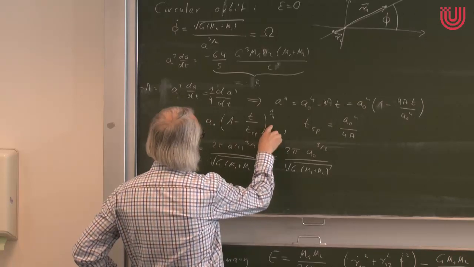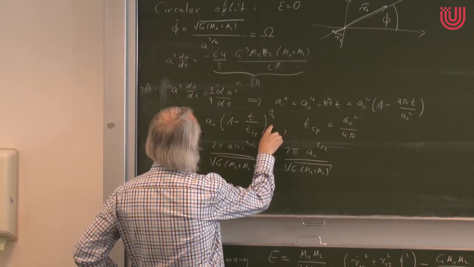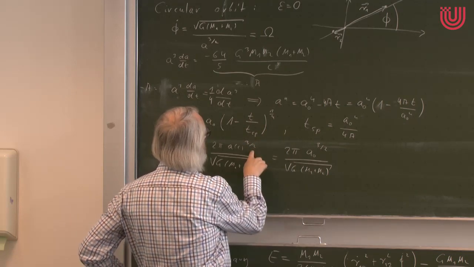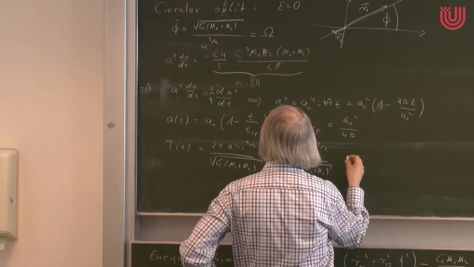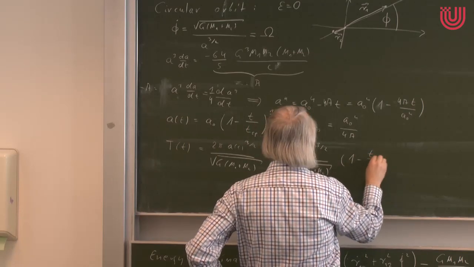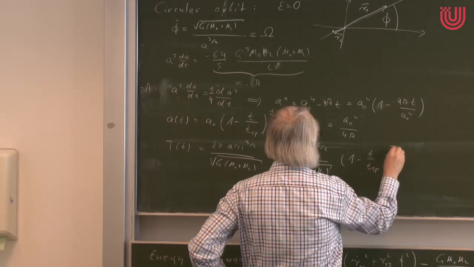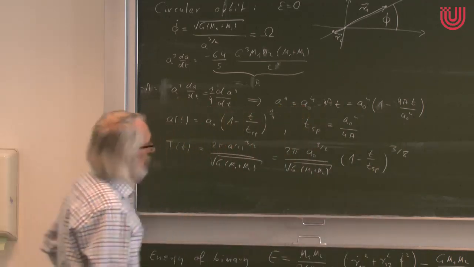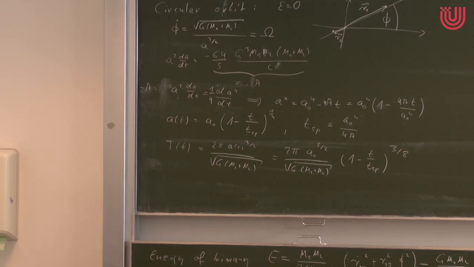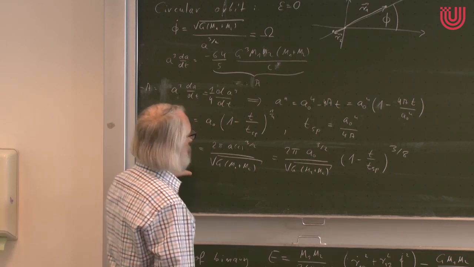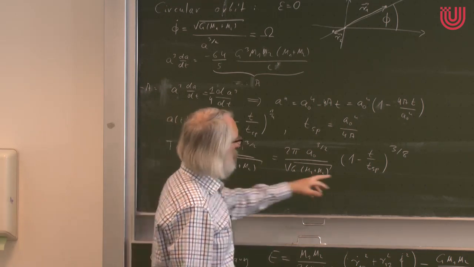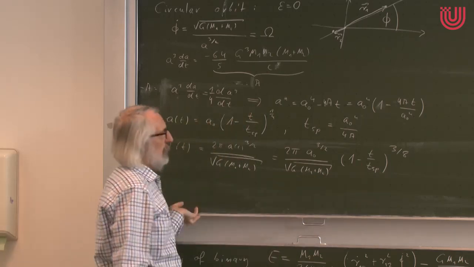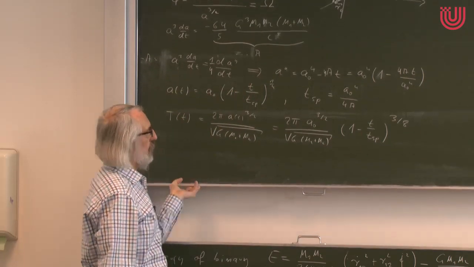And then I have to raise this to the power 3/2. 3/2 times 1 over 4 is 3 over 8, right? 1 minus t over t_SP to the 3 over 8. I already said that funny factors occur in this kind of calculation. So this is the way in which the period depends on time. And you see also the period, of course, becomes 0 when t approaches t_SP in this approximation.